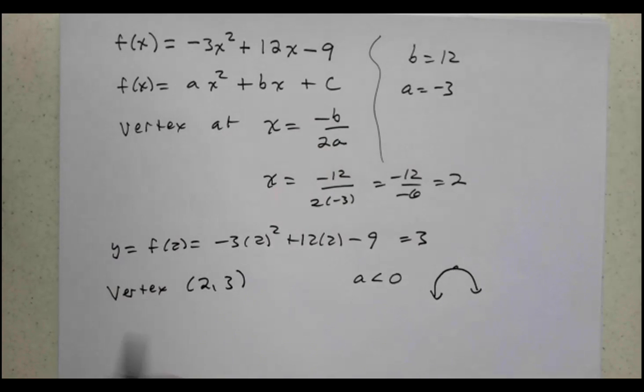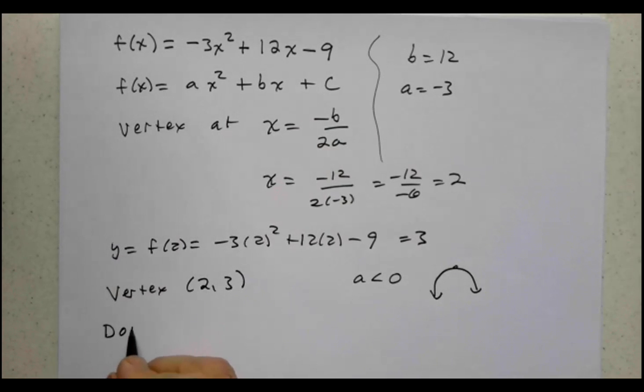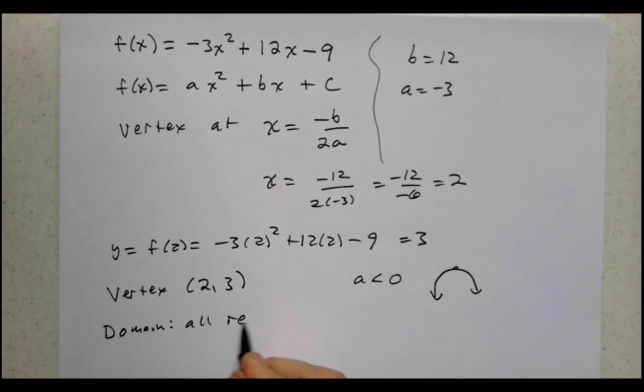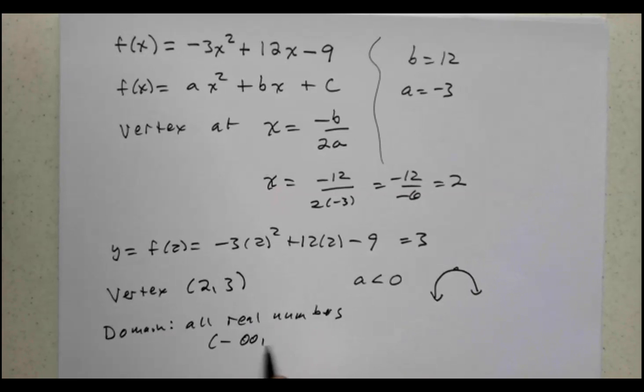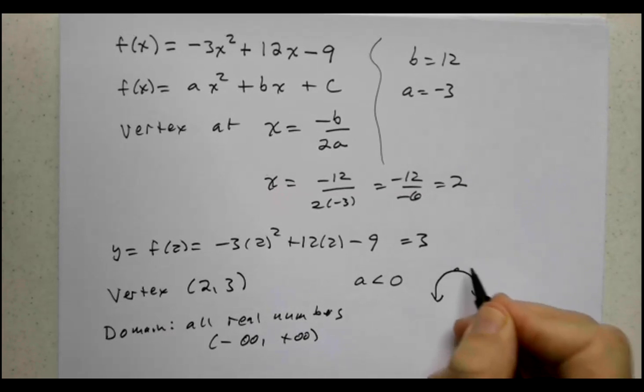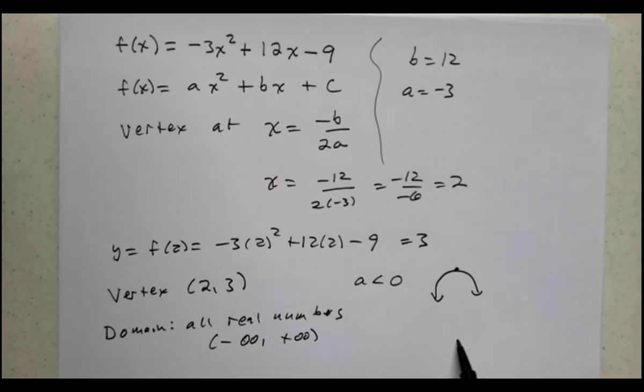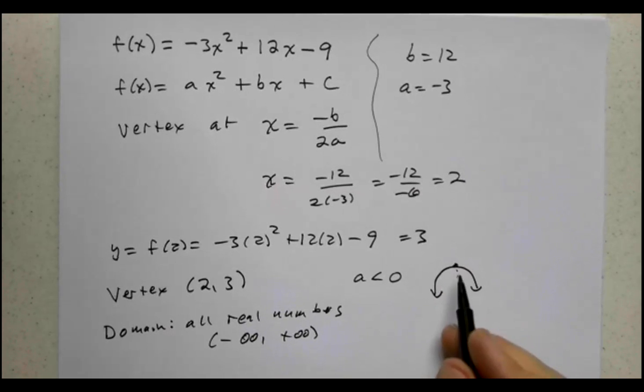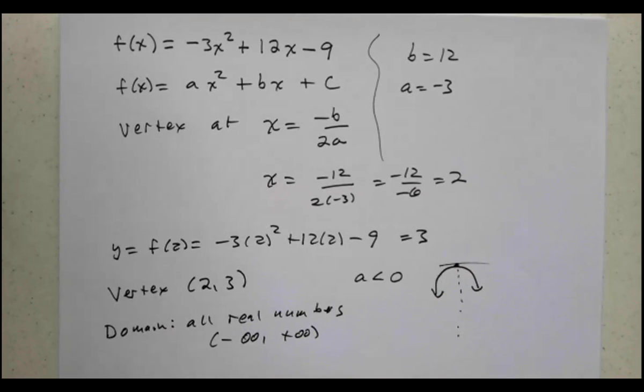Now we want to talk about domain and range. The domain will be everything, all real numbers, which is the same as writing minus infinity to plus infinity. The range, what are the y values? Well, the y values will go as low as you want them to go, and they'll end when we get up to that point.